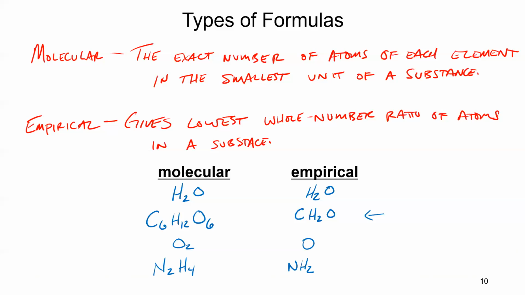But for molecules, we want to know exactly how many of each element are in that compound. And so when we talk about molecular covalent compounds, we'll usually give the molecular formula. When we talk about ionic compounds, we will usually give the empirical formula. Okay.